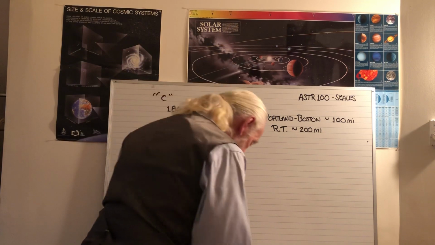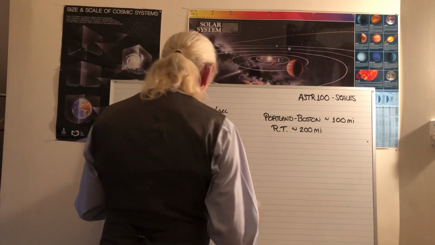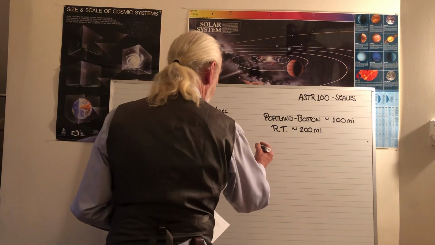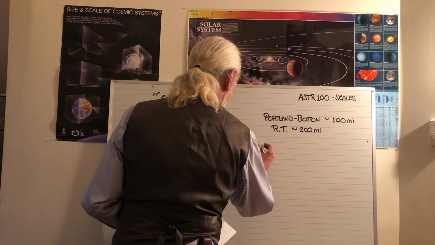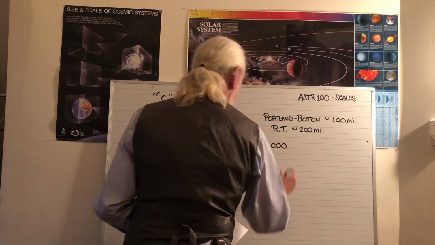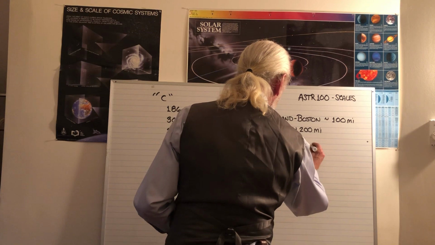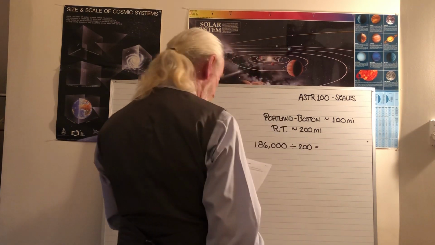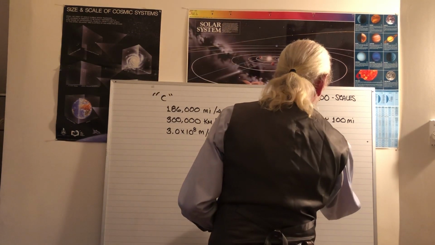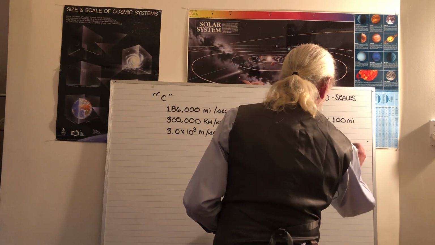Well, the way to do that is to take the distance traveled at the speed of light, which is 186,000 miles, and then divide it by 200, and we get 930 round trips per second.